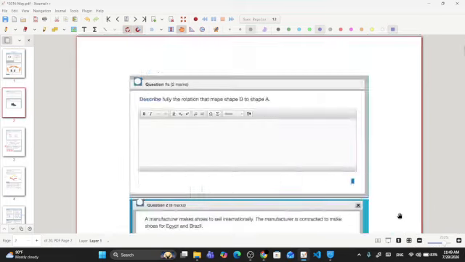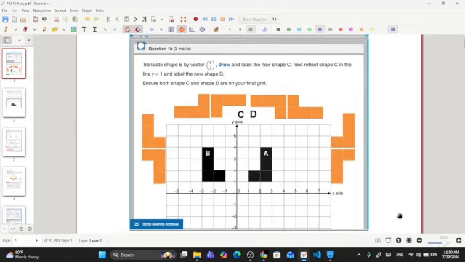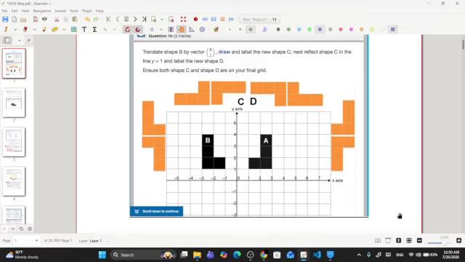Then it says, translate shape B by vector (8, 2), draw and label the new shape C. Next, reflect shape C in the line y equals 1 and label the new shape D. Great. How to solve this part? That's pretty easy. (8, 2): 8 values towards the right and 2 values upwards.